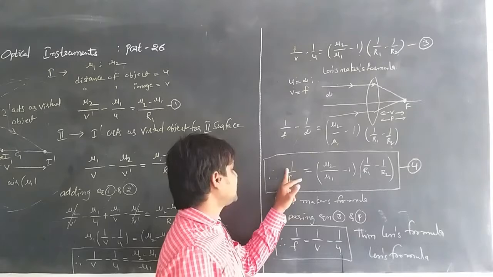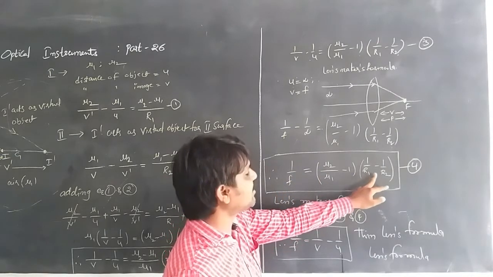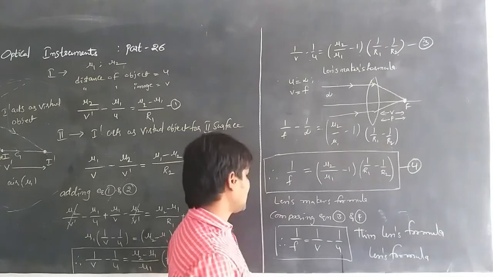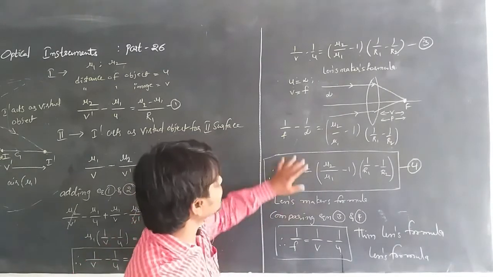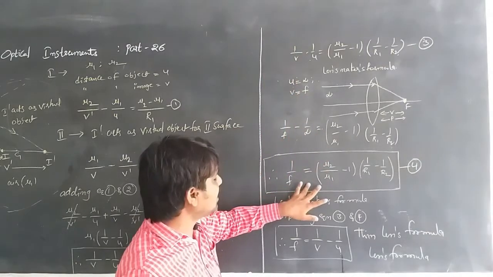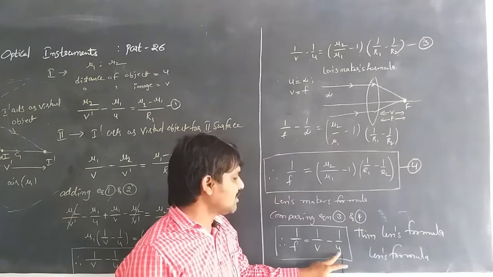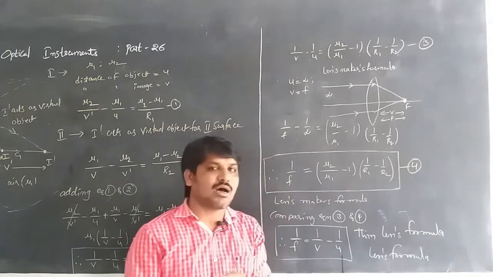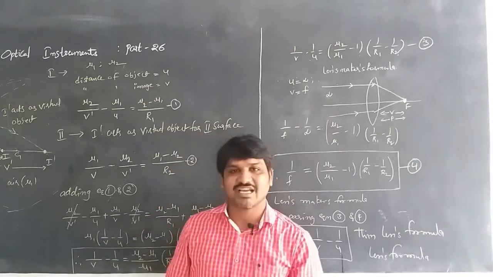Then 1 by f is equal to mu2 by mu1 minus 1 of 1 by r1 minus 1 by r2. This is the lens maker's formula. By comparing equations 3 and 4, we get 1 by f equal to 1 by v minus 1 by u, the thin lens formula or lens formula. This is about the lens maker's formula.